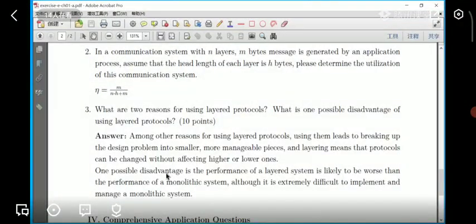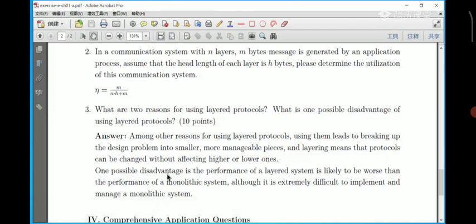Reasons for using layered protocols. What is one possible disadvantage of using layered protocols? Among other reasons for using layered protocols, using them means breaking up the design problem into smaller, more manageable pieces. And layering means that the protocols can be changed without affecting older ones.